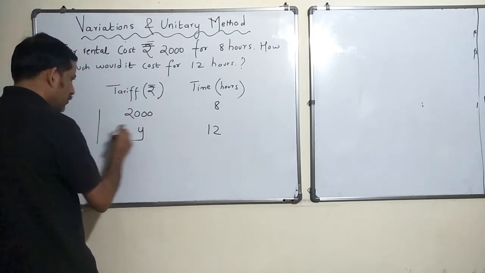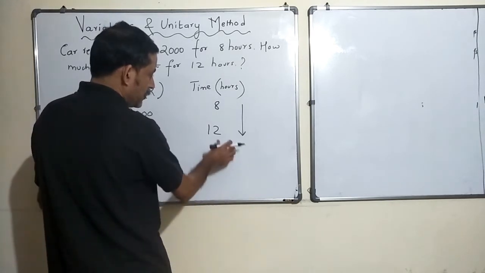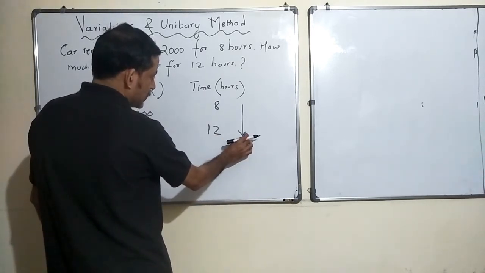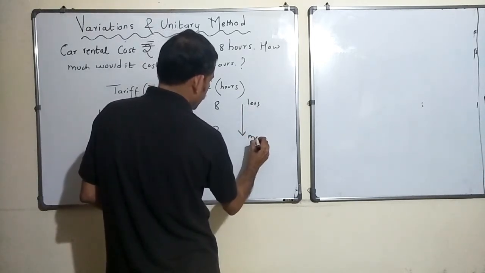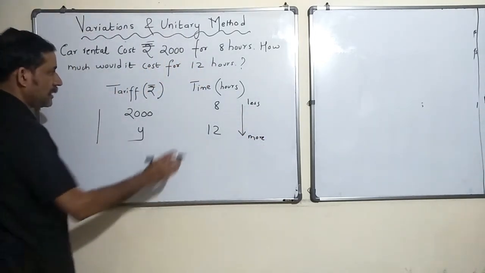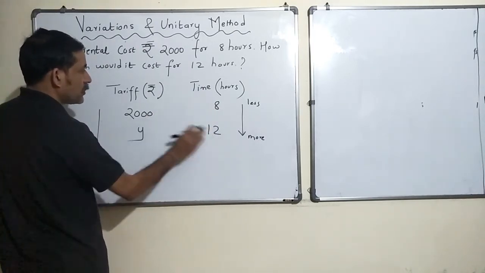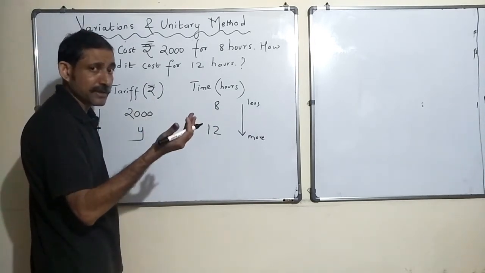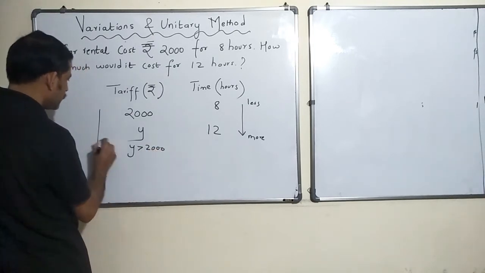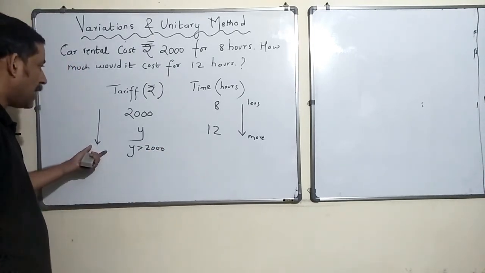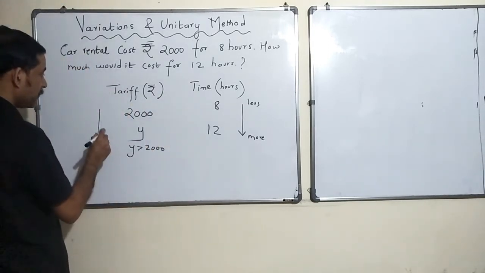Let's draw these two lines and put the arrowhead. 12 is more than 8, so I am going to put the arrowhead next to 12. For 8 hours, if I am paying 2000, for 12 hours naturally the tariff will also increase, correct? So y will be greater than 2000, and this arrow is here. Now both the arrows are pointing in the same direction, so it is a case of direct variation, right?